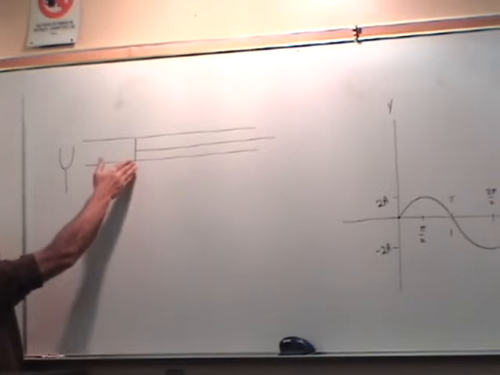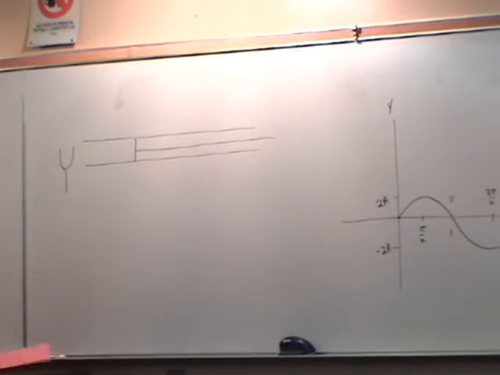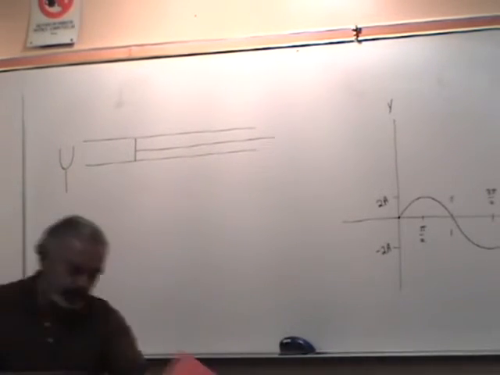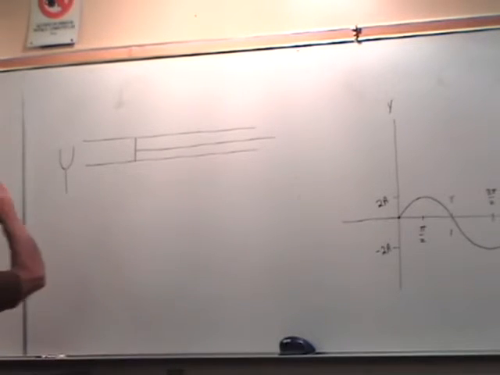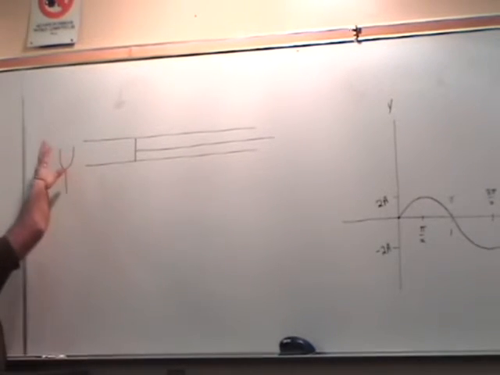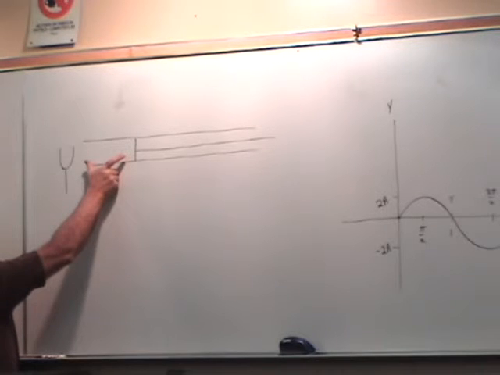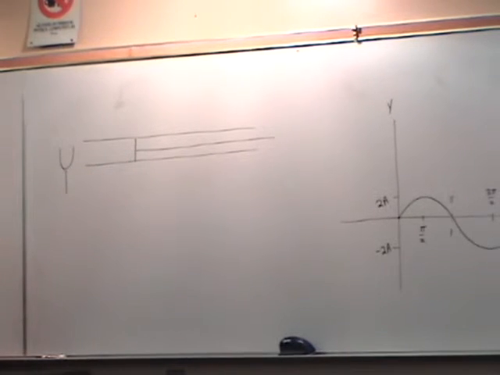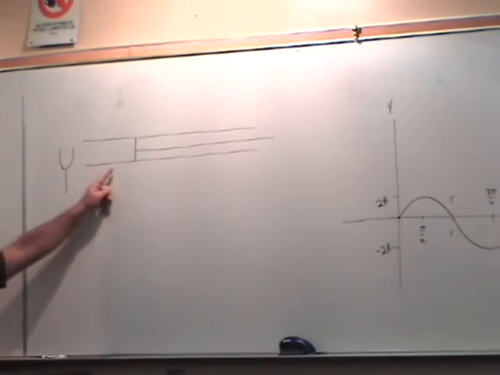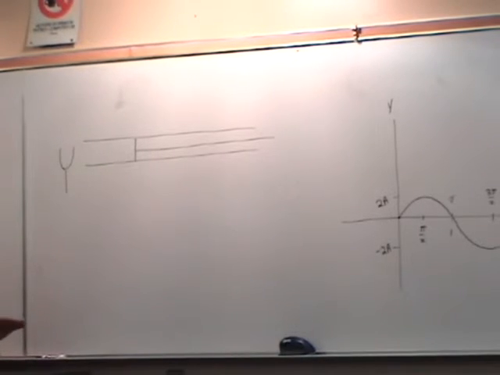And if you have the correct length, if you have a standing wave in there, then every time the tuning fork puts energy into this column of air, it goes in a constructive way, making the amplitude of the sound wave go up and up and up. So you sought the position to establish a standing wave.